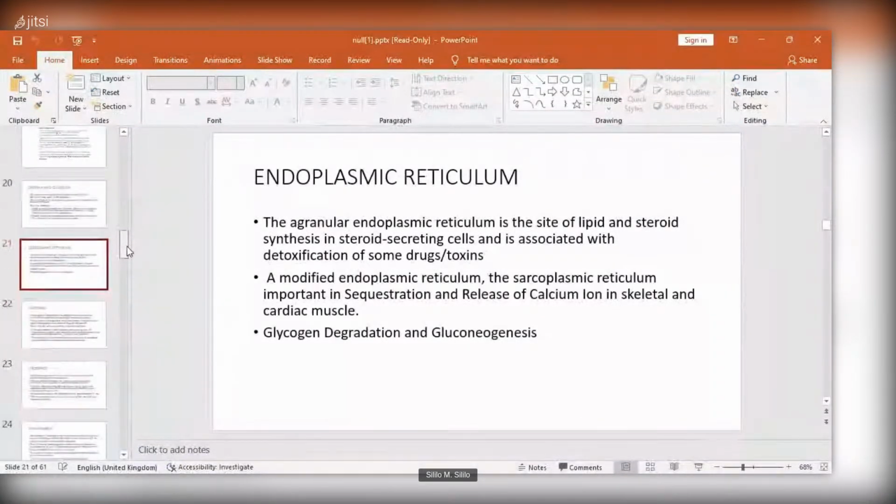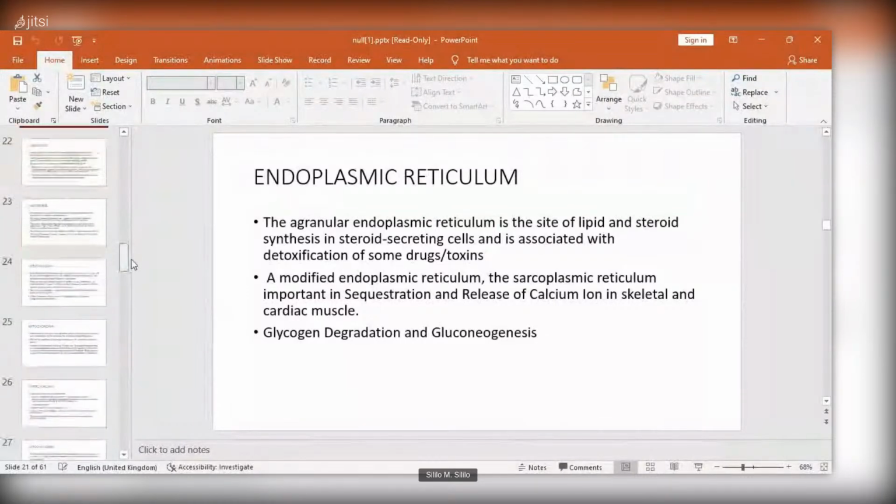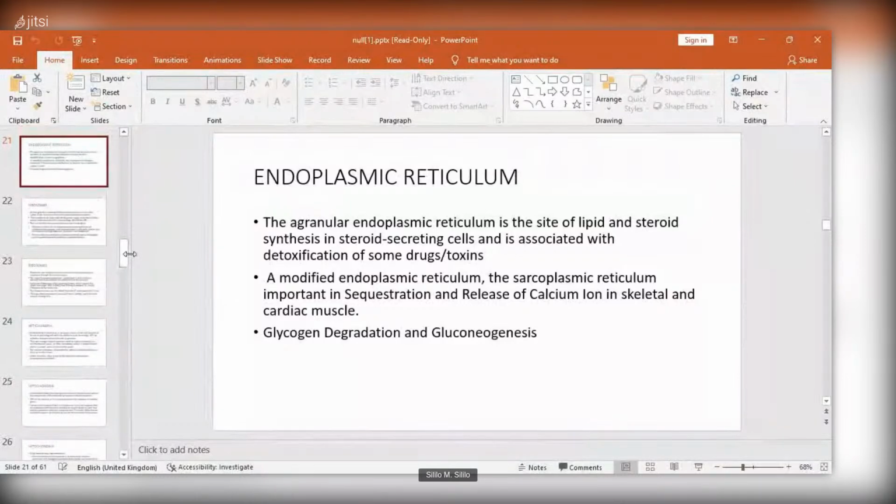So this applies to skeletal muscle and cardiac muscle. Of course, they are also important in glycogen degradation and gluconeogenesis. You will learn this in biochemistry, but it's important to know that. Gluconeogenesis is the formation of glucose, how it's formed and how it's stored. That is very important, especially for your liver cells.